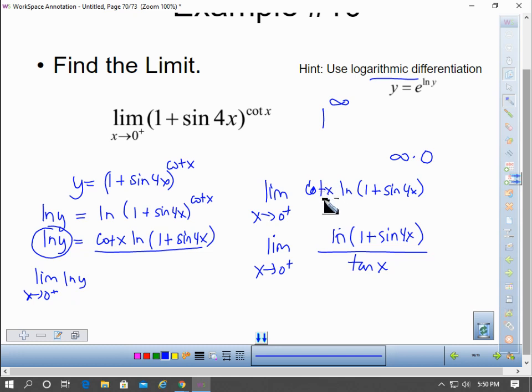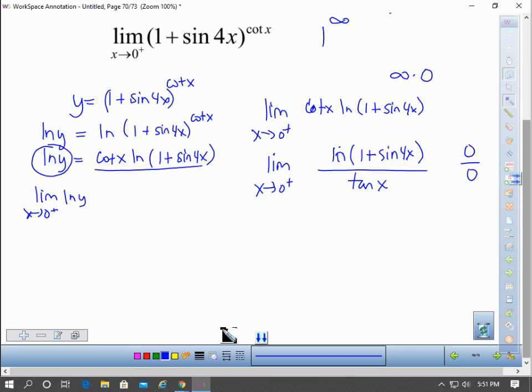Doing that, I've now written this indeterminate product as a quotient. Now when you put a 0 in here, we end up with 0 over 0, which is what we want, because now we can do L'Hopital's rule like we're used to.